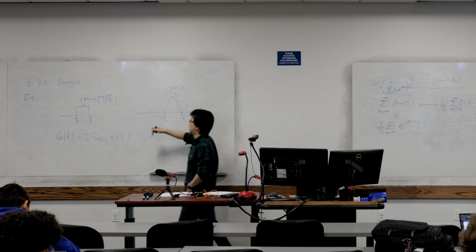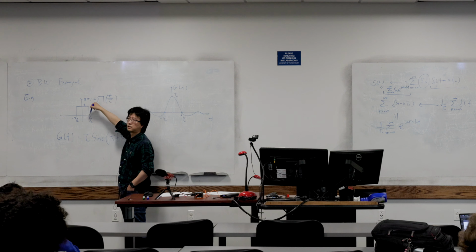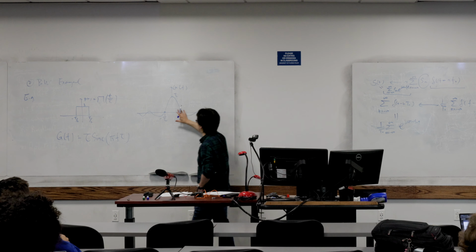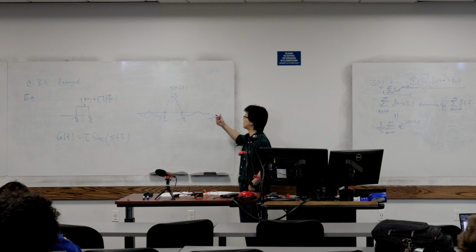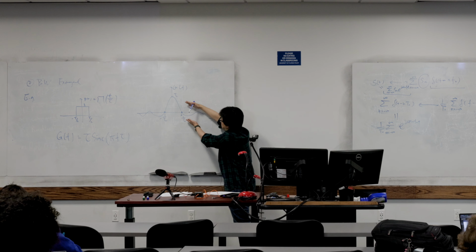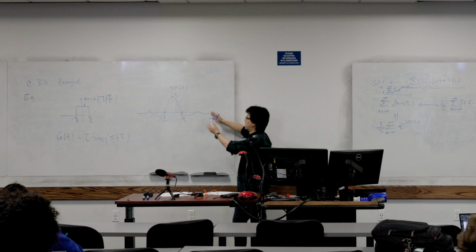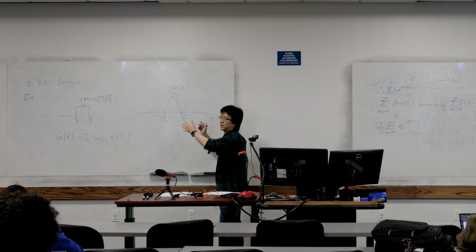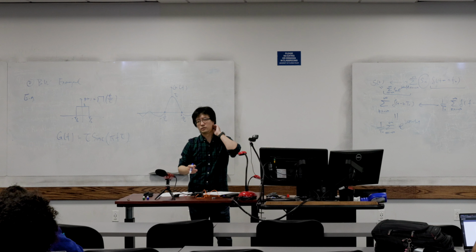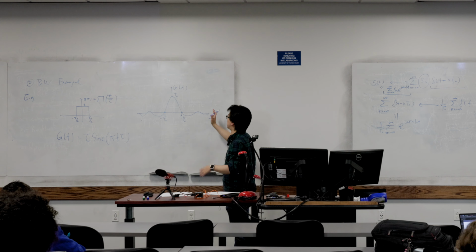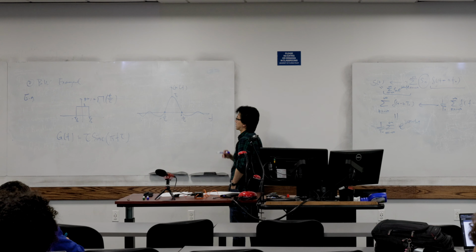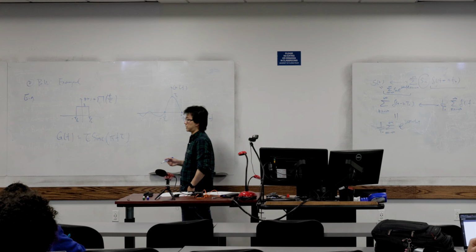And because of this sharp jump, we need infinite frequency component to describe it. But the good thing is that the magnitude becomes smaller and smaller. So if we cut it at some point, it may not matter much, as what you have seen in your lab 1. If we cut it at some point, it may ignore some high frequency component. It may not matter much, right?